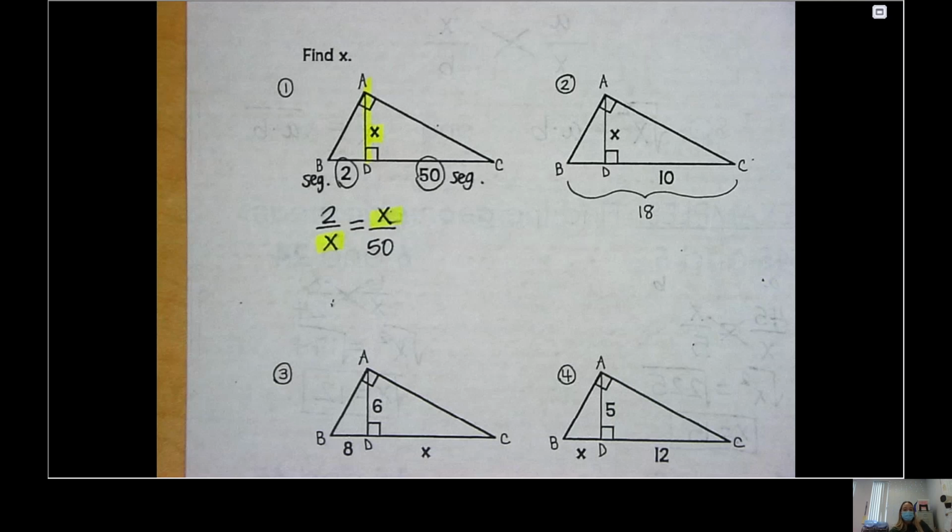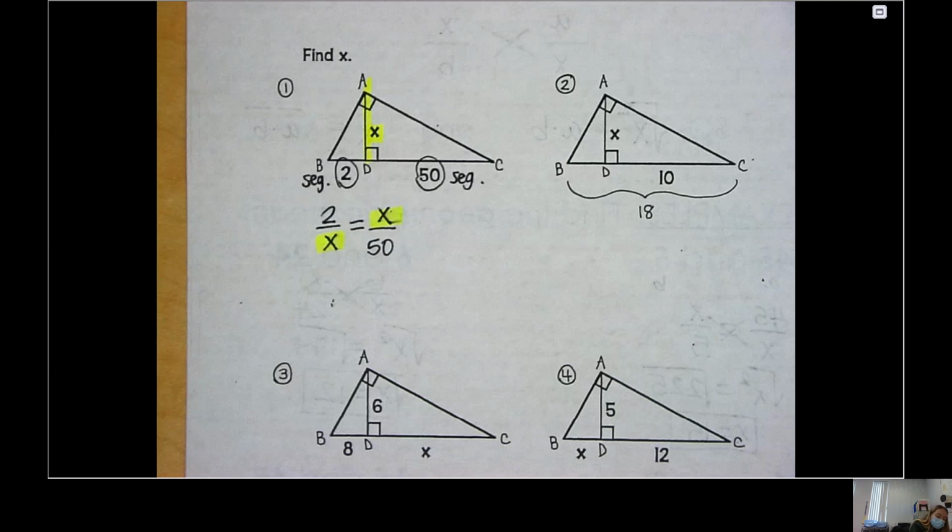Okay, let's take a look at number 3. Now, don't forget, still the same setup. You've got two segments, you've got an altitude. This time, which one is your altitude? 6. Okay, highlight it. Which one are your two segments? 8 and x.